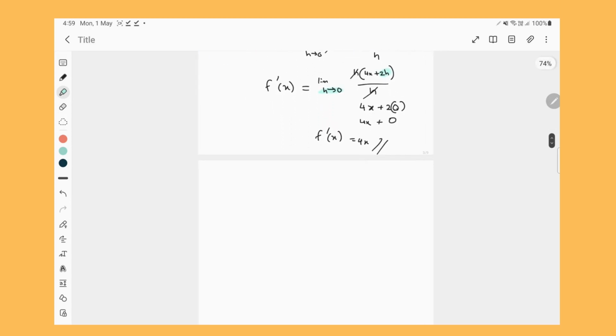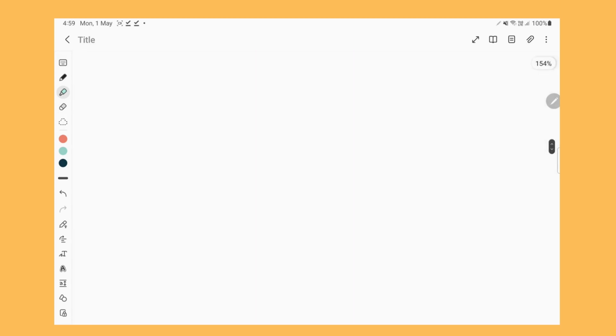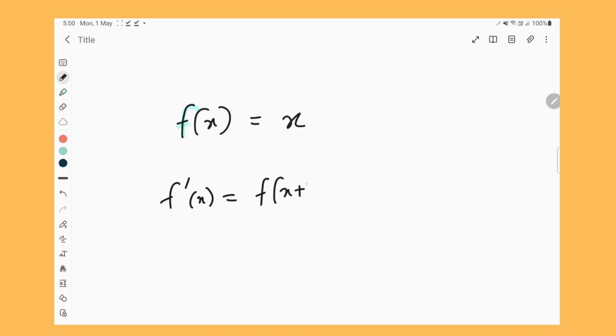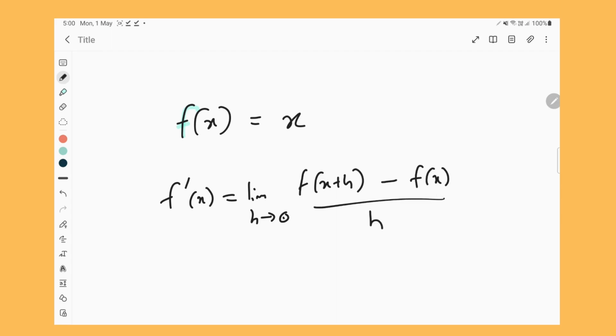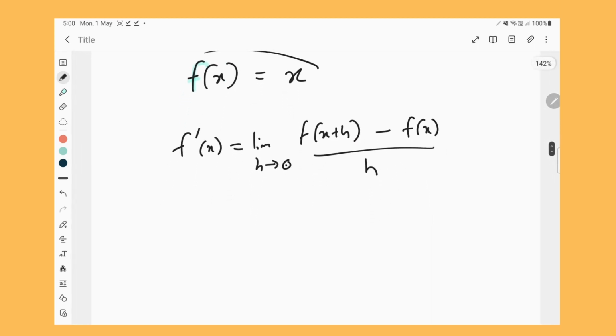Let's recap again back into the first principle equation, differentiation using first principles. If you have an equation f(x) is equal to x, all right, then f dash x is equal to limits of h goes to 0, f(x plus h) minus f(x) divided by h. So if I take this equation, you know that f(x plus h) is what?